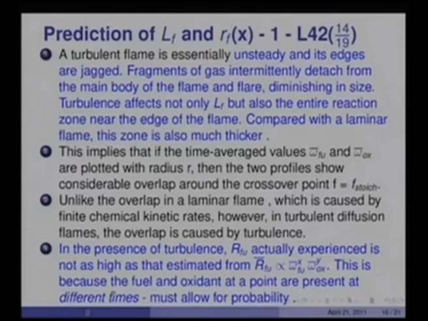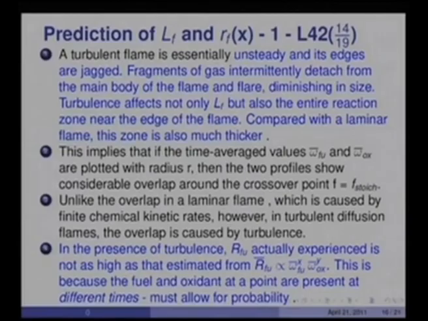So, although the average values of omega Fu and omega ox may be high, the actual reaction rate RFU found is somewhat less, and how much less depends on the probability of omega Fu and omega ox meeting each other in the right proportions to cause a chemical reaction.